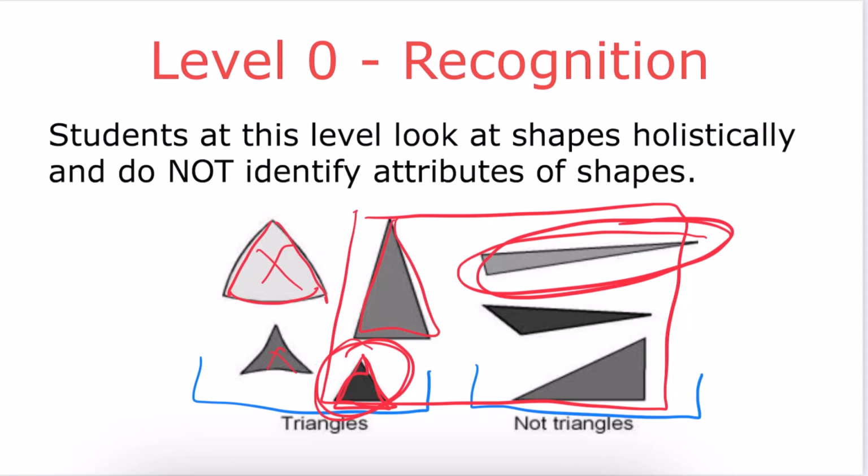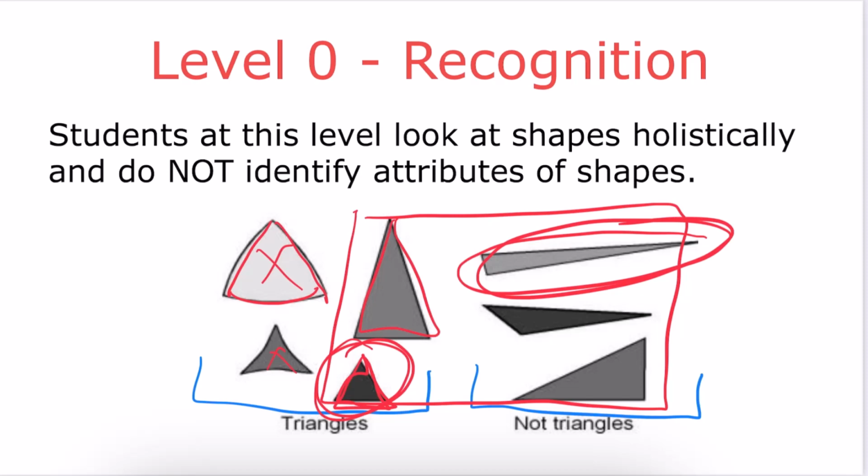And they describe the objects in terms of the shape as a whole versus the individual parts of the shape. So in kindergarten and first grade, a lot of students are going to be at this level because this is the beginning level of understanding geometry, just recognizing basic shapes.